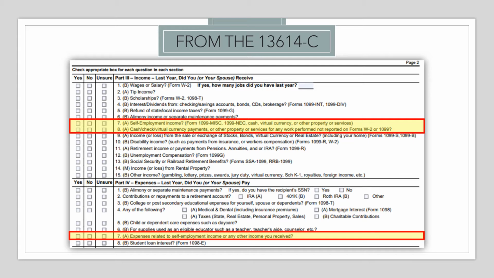It talks about other kinds of payment that they might have received, if they received cash or virtual currency or any other property or services. Question 8 asks if they received cash, check, virtual currency payments, or other property or services for any work performed that wasn't reported on a Form W-2 or 1099.